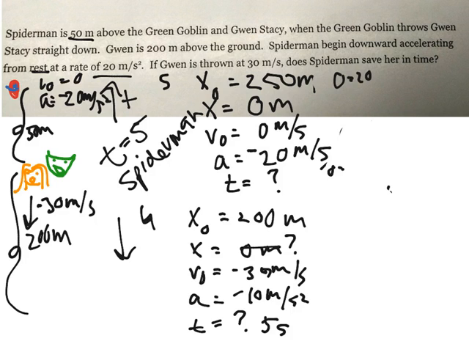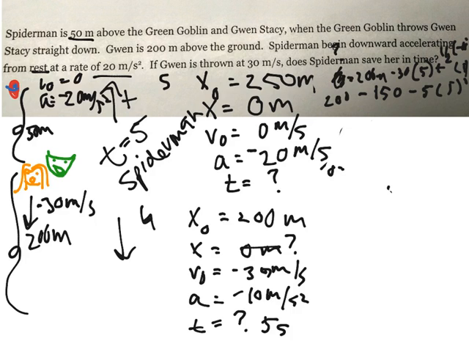So you would solve it exactly the same way, except now you just plug in all your variables. So 200 minus 5 times 30 gives you 150, minus 1/2 times 10 is 5, times 5 squared.